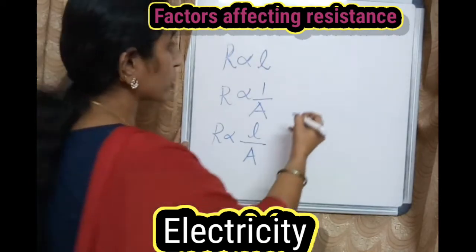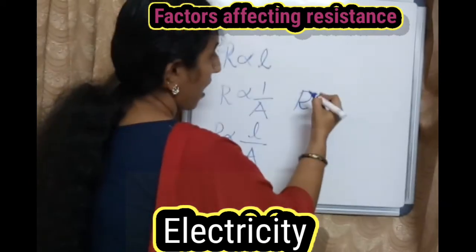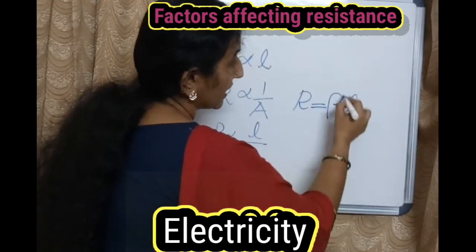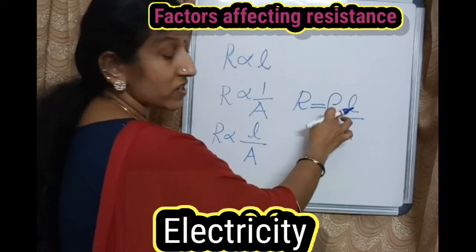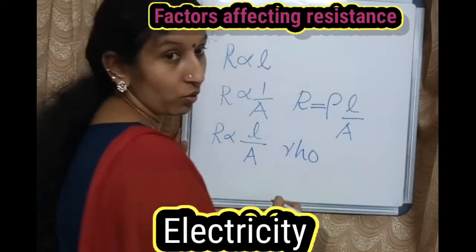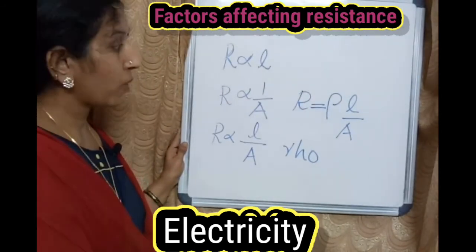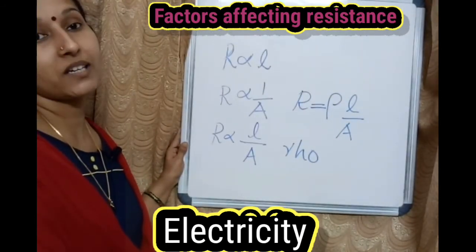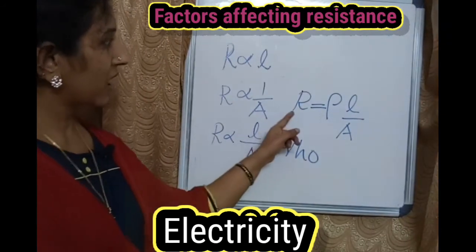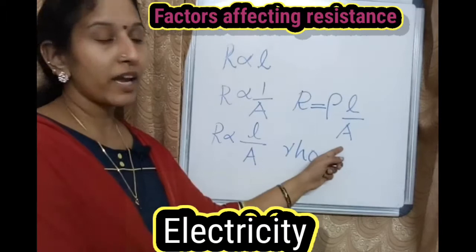So R equal to rho L by A, where rho, R H O, is the proportionality constant. What is the pronunciation? Rho. Rho is the proportionality constant. So R is proportional to L by A, and here R equals rho L by A.